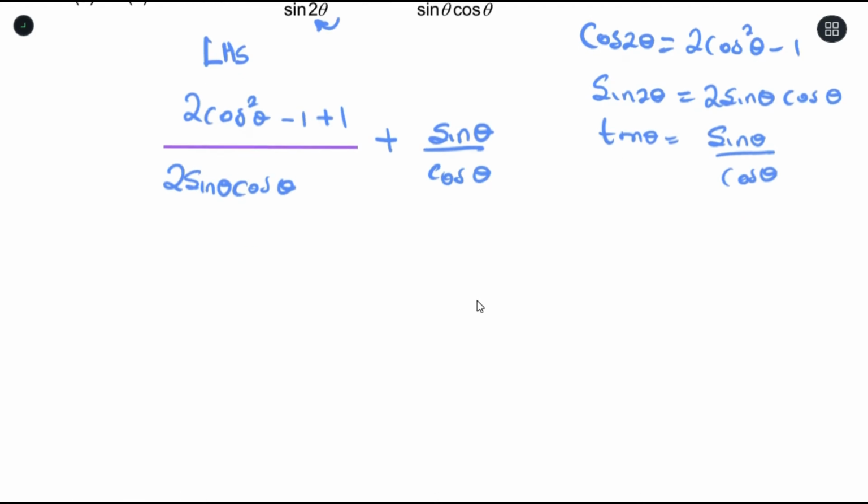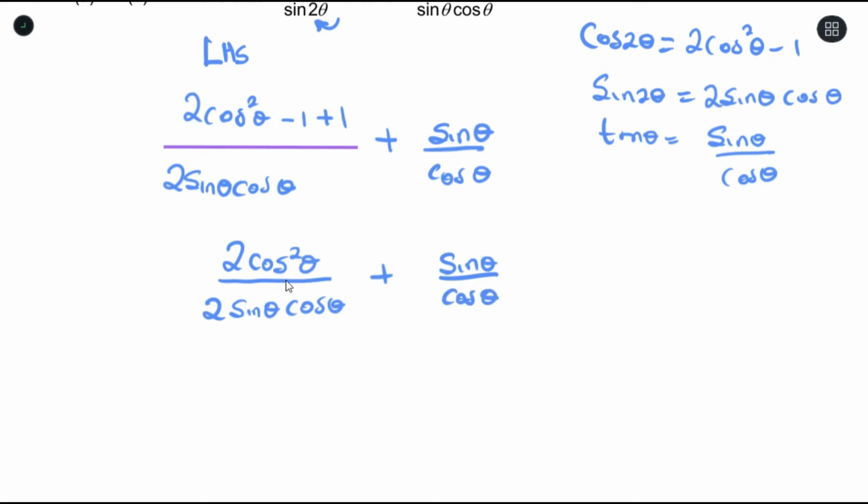So simplifying this, you'll get 2 cos square theta over 2 sine theta cos theta plus sine theta over cos theta.